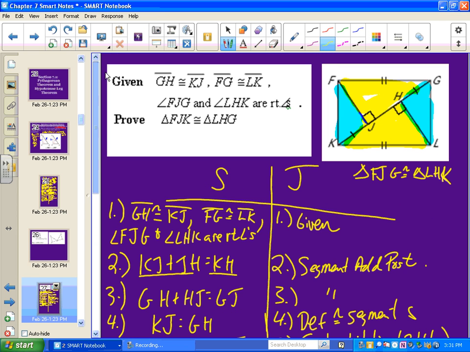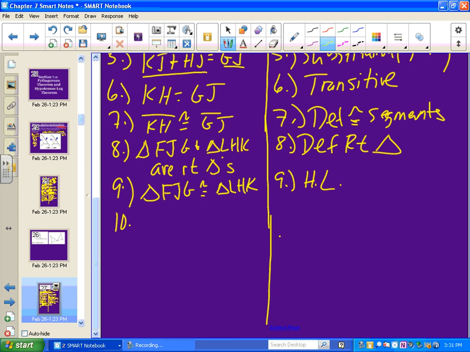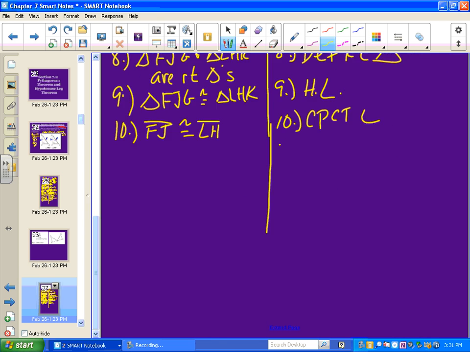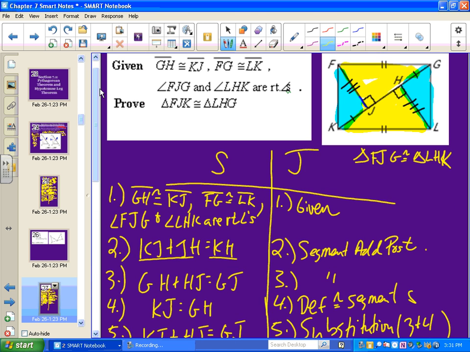So those two triangles are now congruent. So that means that FJ is going to be congruent to HL by CPCTC. So now we have two segments in the blue triangles congruent.